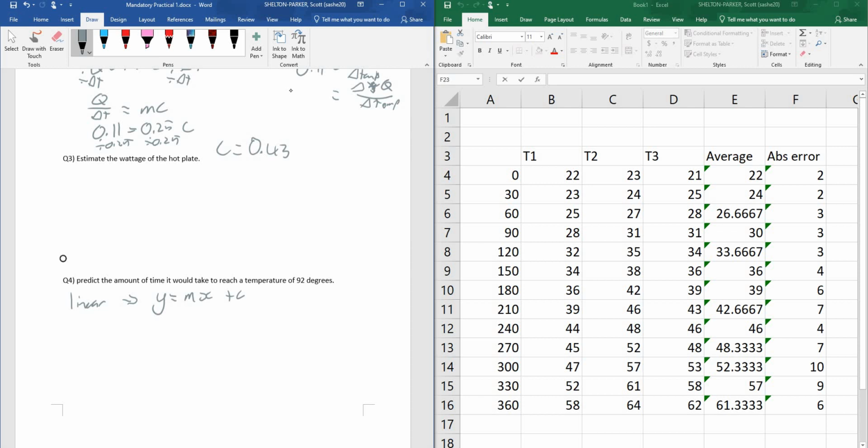So linear has a graph of y equals mx plus c. We know our gradient m is 0.11. What would my starting value be? C. 22. That's it. Because at time 0, our y-axis is 22, according to the average.